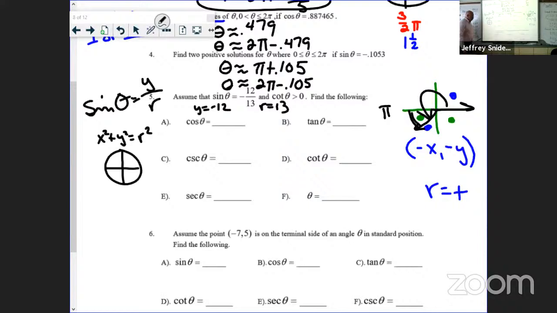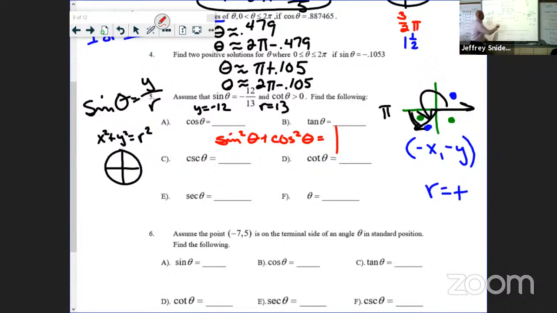The other way is to say to yourself, gee, I know this is true also. Sine squared theta plus cosine squared theta equals what? One. Square this.